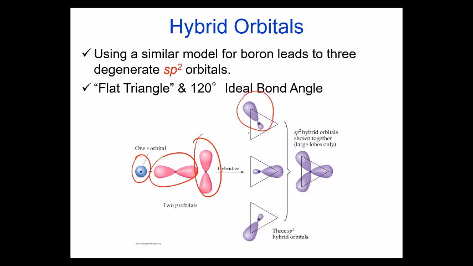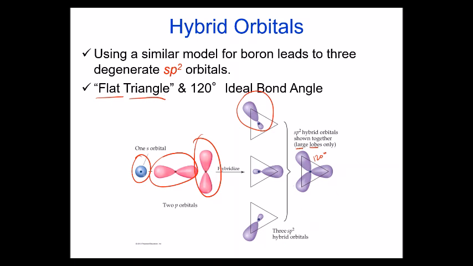It's like mixing, blending. And you can see too, they're a little bit larger lobes, once again, because the s is a little bit rounder, and still kind of dumbbell shaped, but they've formed this nice triangle around here with approximately ideal bond angles of 120 degrees. This is a flat triangle. So the trigonal planar shape is a flat triangle.